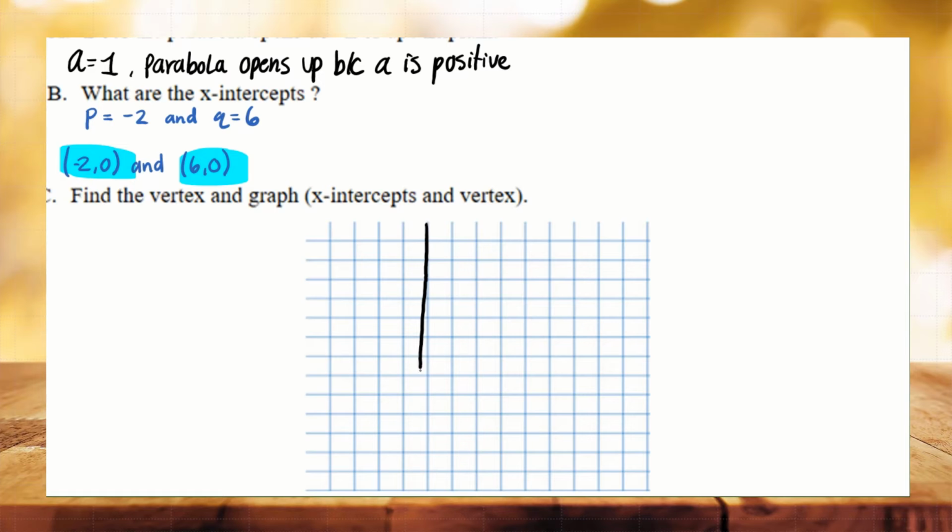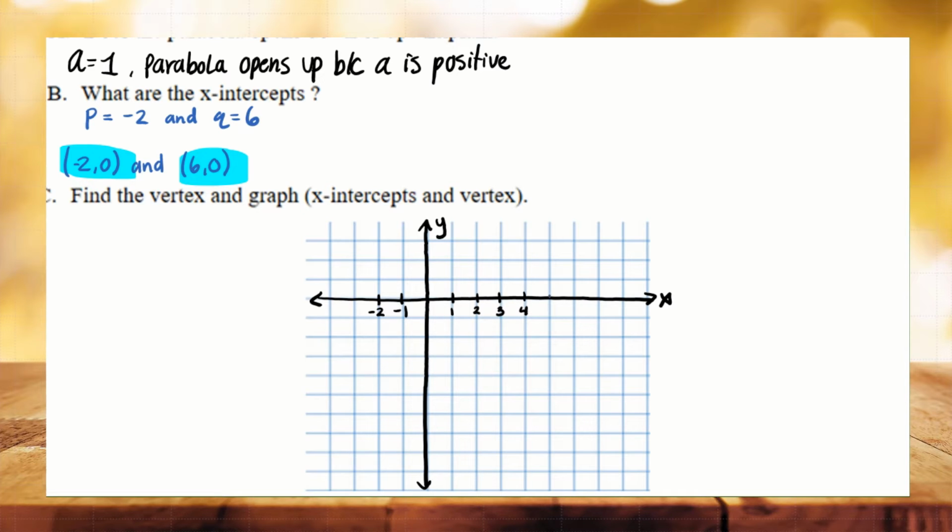We're going to plot those points right now because they're going to help us find the vertex. Let's set up our graph. Let's draw our x-axis and our y-axis. It's important to remember that we take the opposite of p and the opposite of q to determine the x-intercepts.